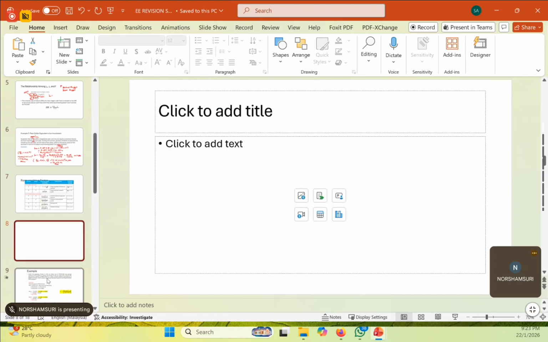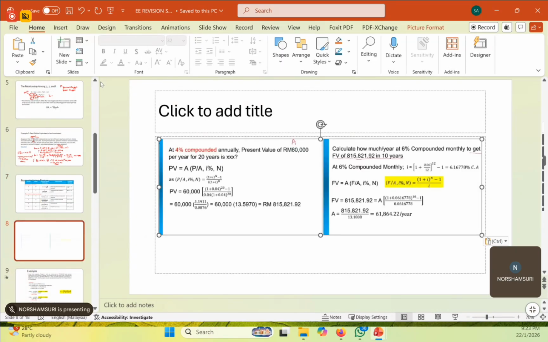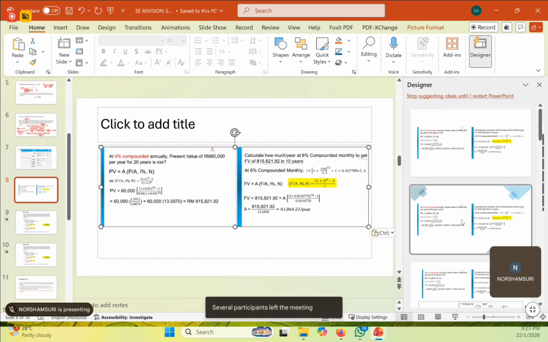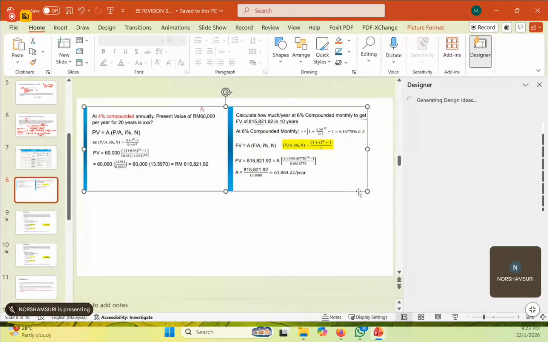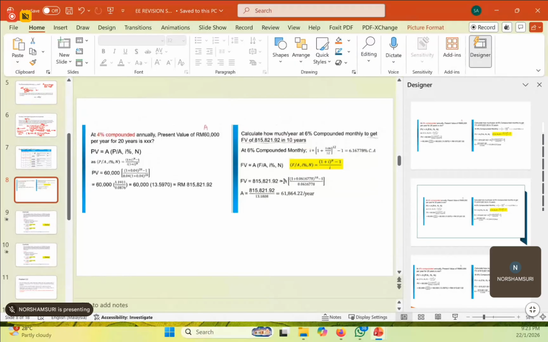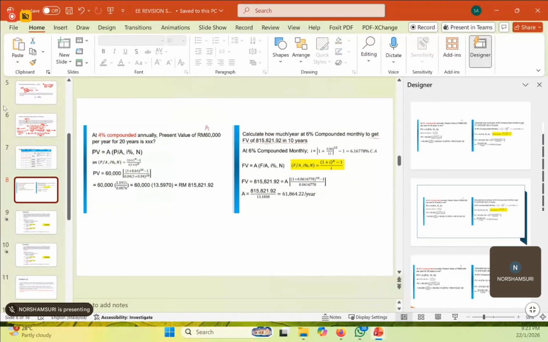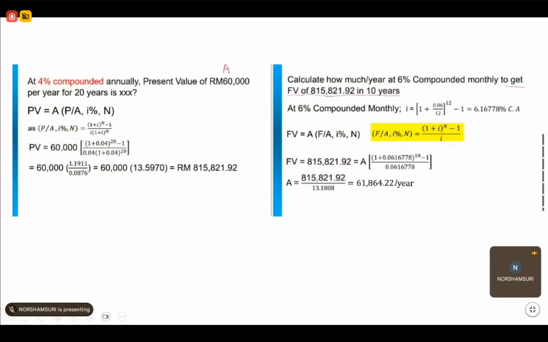Let's do this one first. Okay, do you see my screen? Hello. Okay, okay, I can't see the screen. Okay, so there is a question.